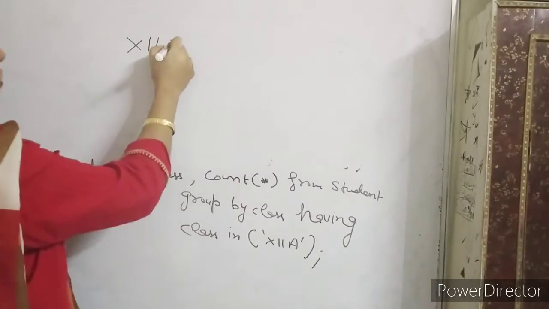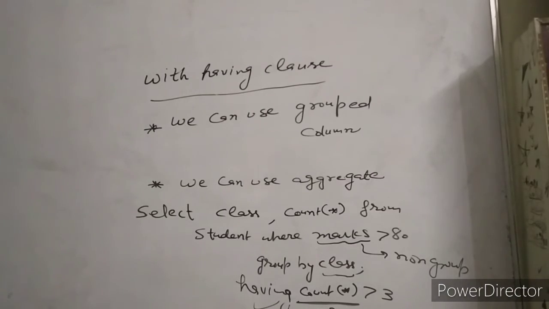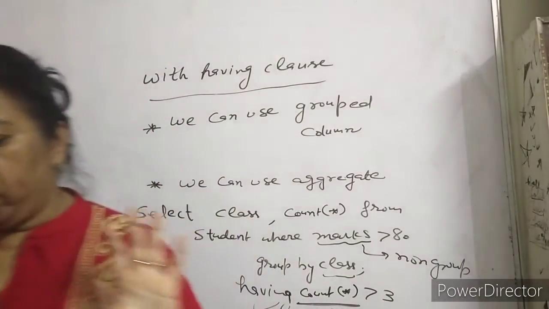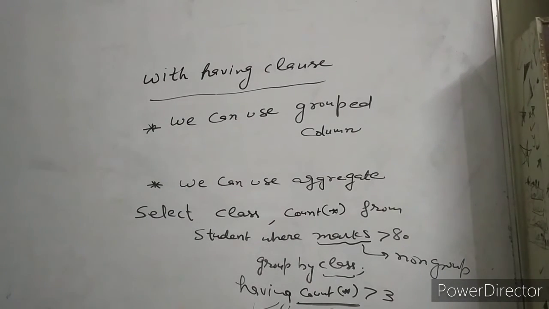Before having, we have this output. Having can use aggregates. It means when I am putting a condition on any aggregate. Suppose I want to display those classes in which the number of students is more than 3. Understand this question first.